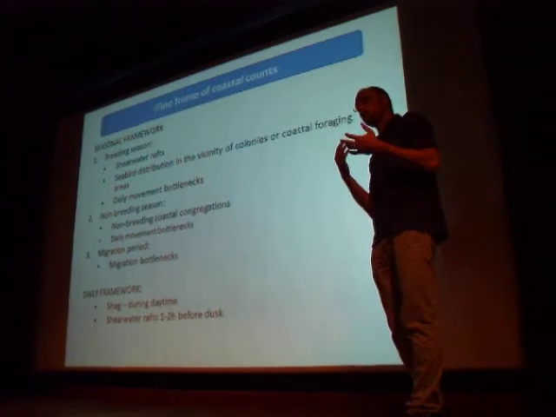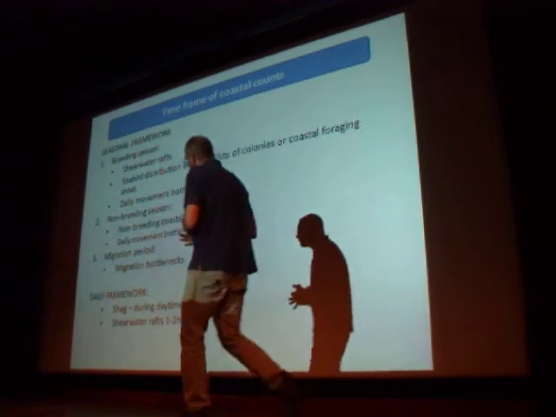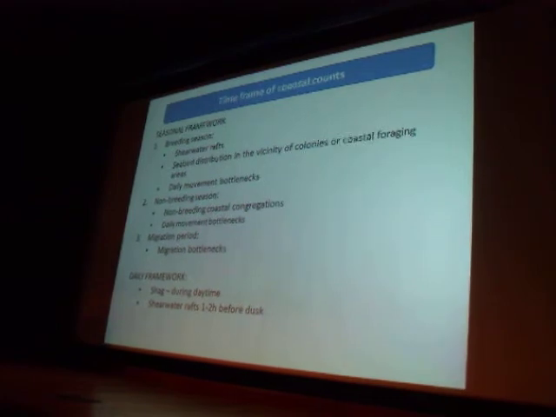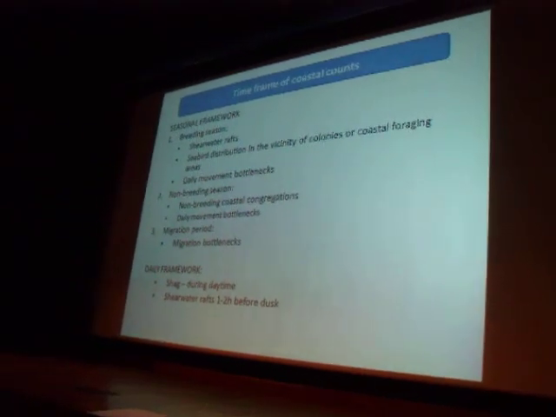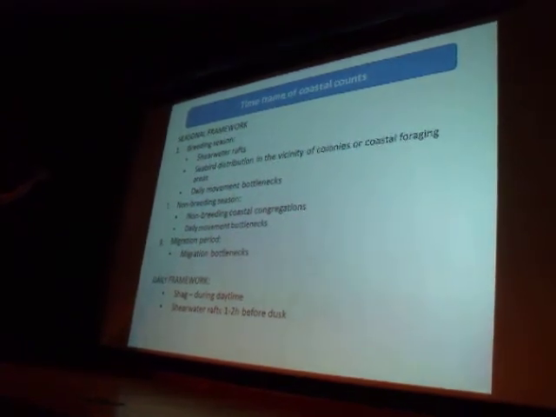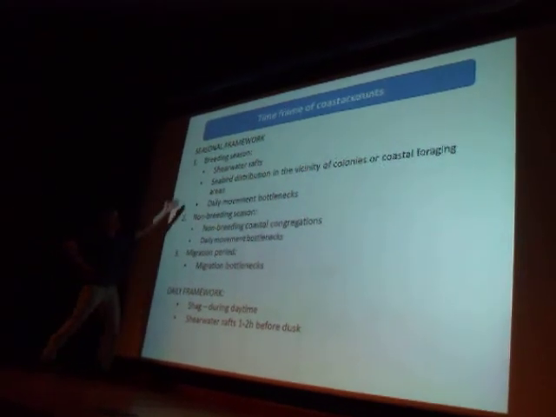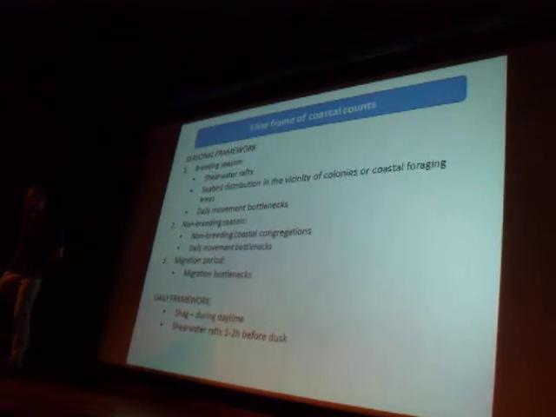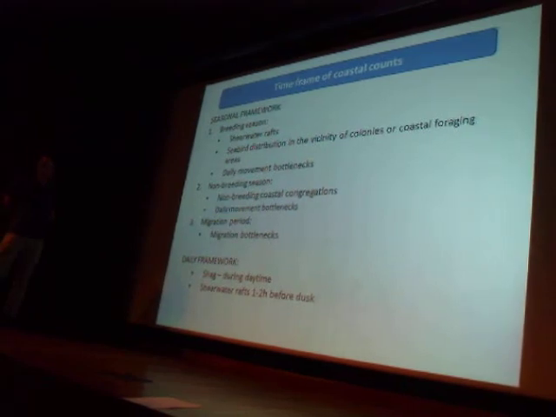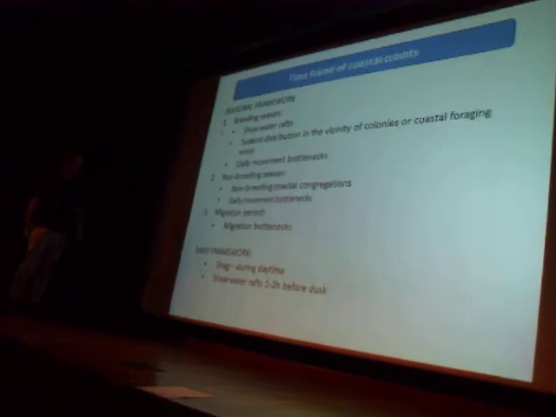Now, what about how we do it in terms of seasons, regarding different seabird species, and regarding different questions that we want to answer. So, during breeding season, we can either do coastal counts for assessment of shearwater rafts, to assess the distribution of seabirds in the vicinity of their colonies, or to assess the daily movements, foraging movements, at particular bottlenecks.